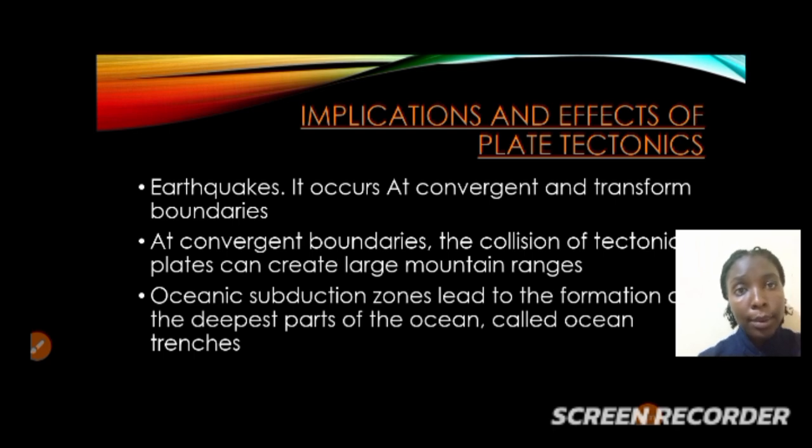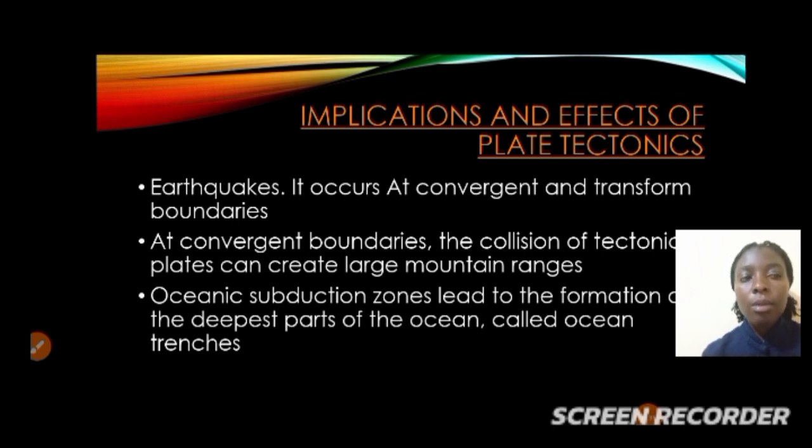Okay, on our last thing for today, we talk of the implications and effects of plate tectonics, where we talk of earthquakes. They occur at convergent and transform faults, the first effect of plate tectonics. Plate tectonics can cause earthquakes.